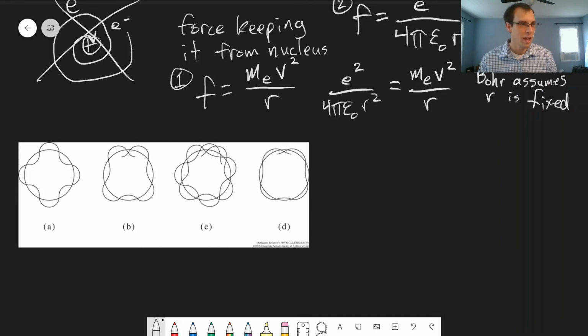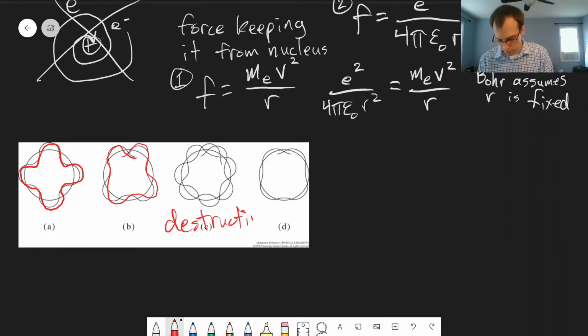So r is fixed, and it has to be such that these oscillations of the electron, which represent this figure from your textbook, fit around the nucleus in a circular orbit. If we have an electron where the wavelength doesn't match up, and we continue that, we get destructive interference. And if we get that destructive interference, Bohr assumed those orbits don't work.